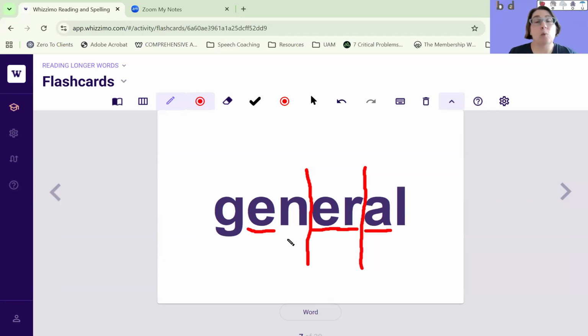All right, I've just read 1 syllable of this 3-syllable word. I know this first syllable is probably going to be Jen. Not probably, it has to be.